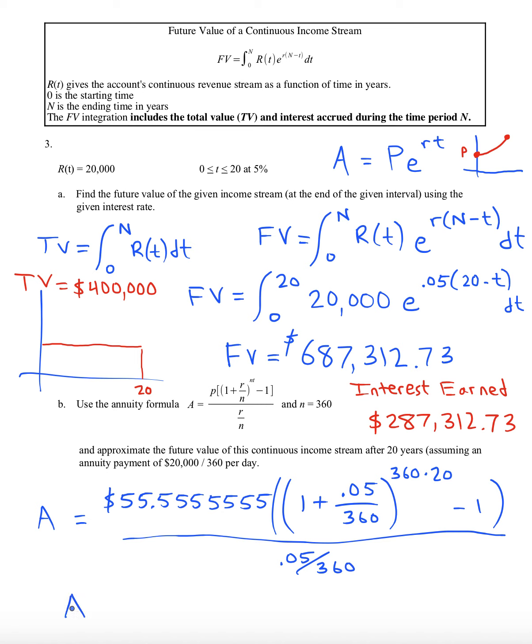Okay, with the annuity formula, I get $687,237.23. So awfully close. It's awfully close to the value we had found using integration. And that's kind of expected because 360 payments per year is quite a lot of payments. So it should almost be like the payments are being made continuously.